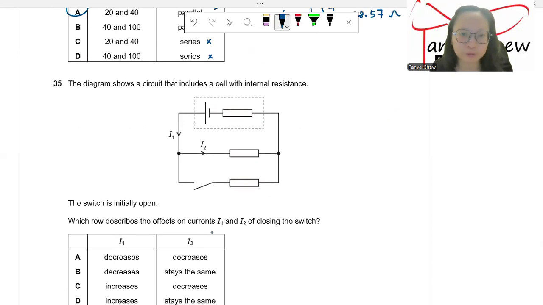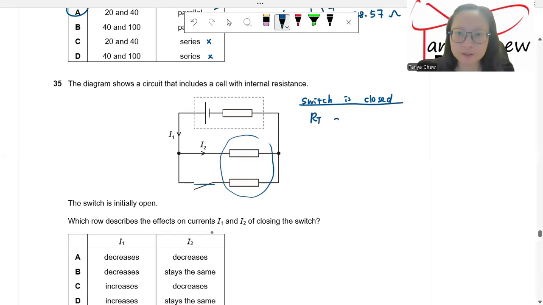Okay, only this resistor. When the switch is closed, these are the two resistors, right? Connected in parallel. So when the switch is closed, R total resistance decreases.